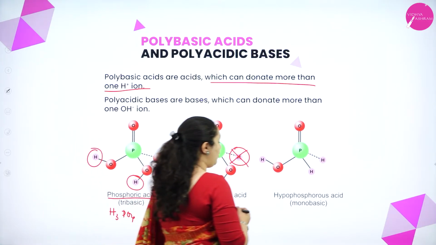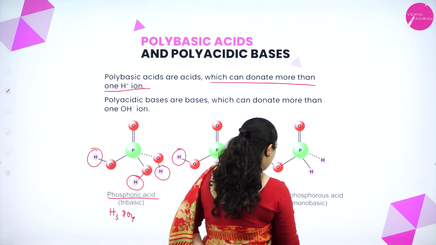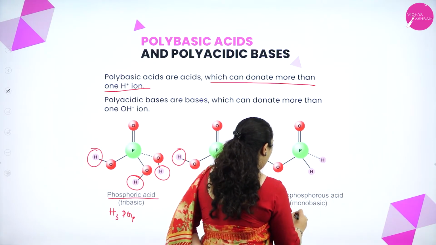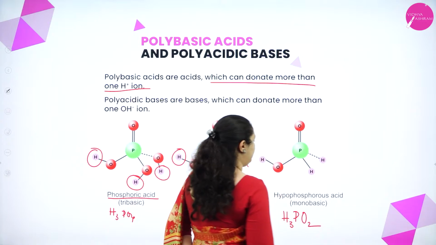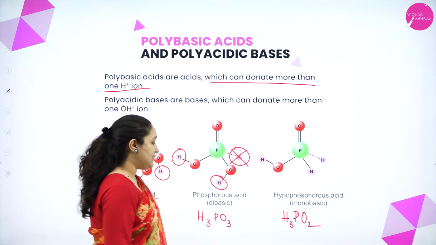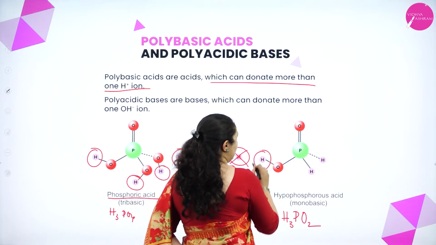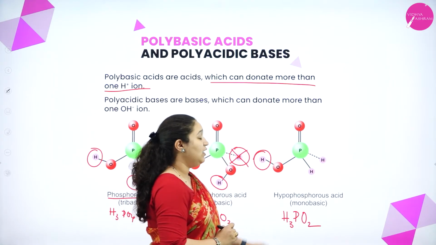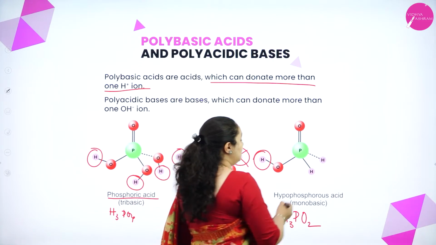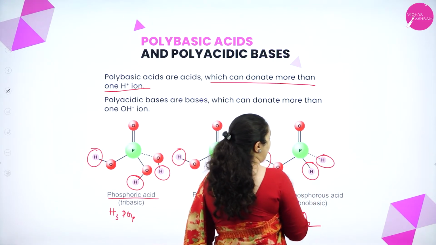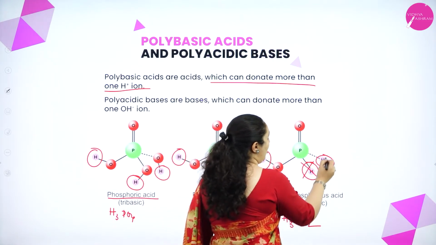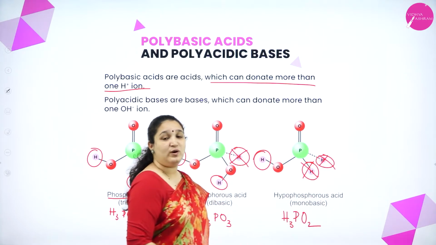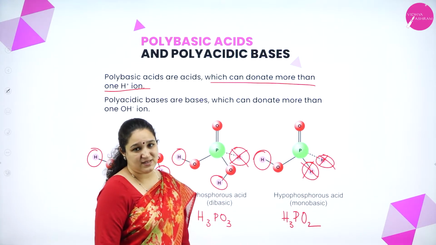One more example is hypophosphorus acid, that is H3PO2. In this you can see it's a monobasic acid, that is only one hydrogen atom can be replaced, which is attached to the oxygen. The other 2 which are bonded directly to phosphorus cannot be replaced. So it is a monobasic acid.